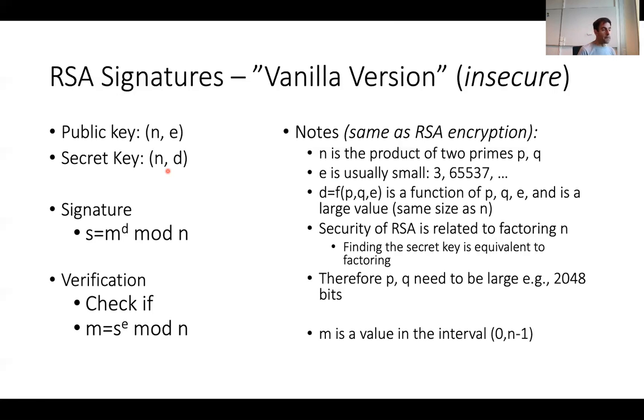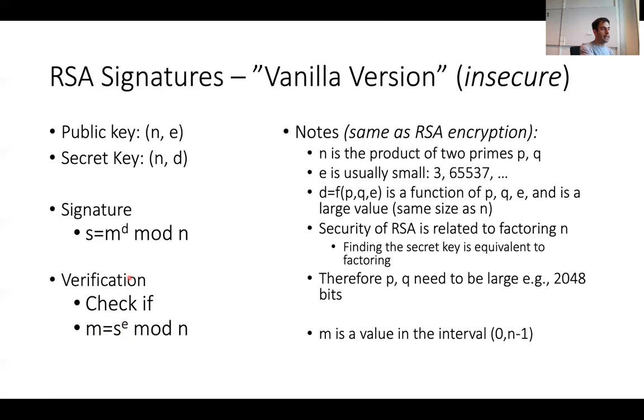So for RSA, it turns out that the function that the signer applies to the message is equivalent to the decryption function of RSA, and the function that the verifier does to verify that the message has been signed is essentially to encrypt the signature and check whether you get the message back.